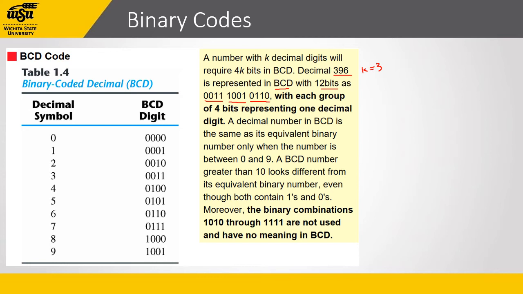Each group of 4 bits represents one digit. So this one is 3, this one shows 9, this one shows 6.